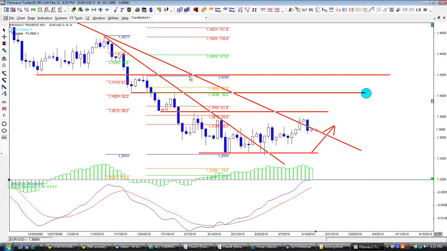Right now we're at the downtrend line. We can see another retest of the support, or we can break through to the north. We need to watch.